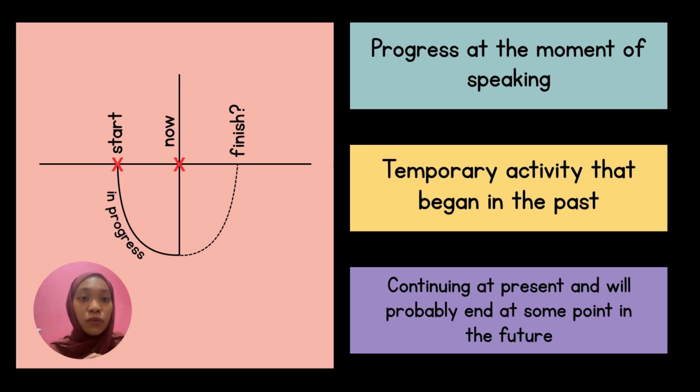Then there is also a temporary activity that began in the past and is still ongoing, but there's no time frame for whether it will end in the future. What time, we never know. And the last one is an activity or action that is continuing at the present and will probably end in the future. So this is very theoretical.